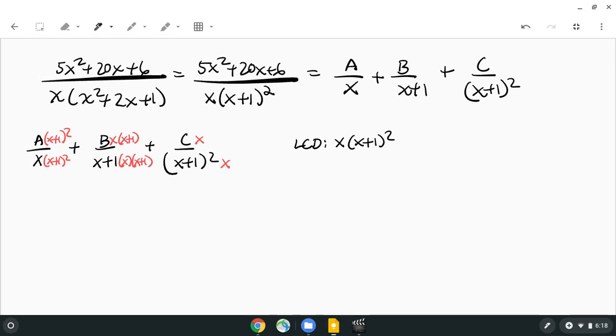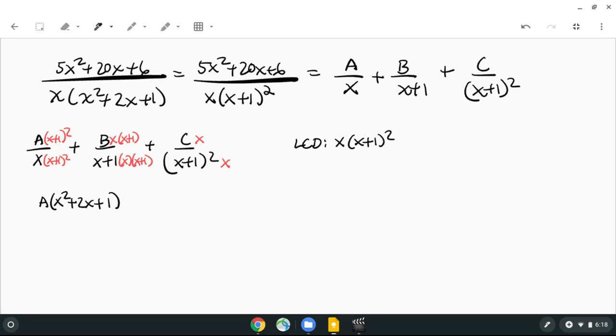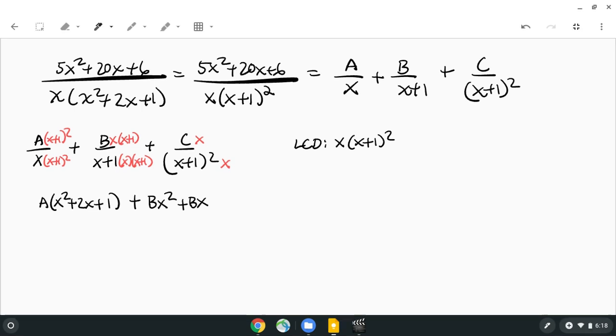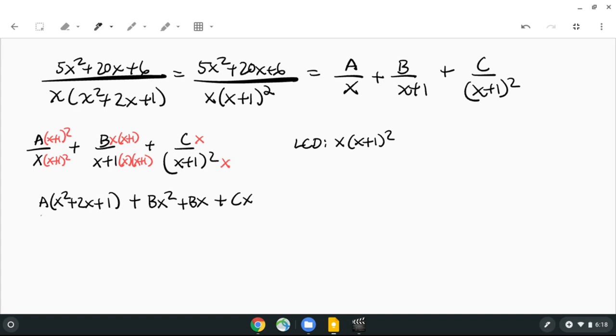So we get a times x squared plus 2x plus 1, when you square a binomial. And then that middle part, I'll get bx squared plus bx. And then that last one, we just get cx, all over our denominator, x plus 1 squared, which is taking a back seat right now.